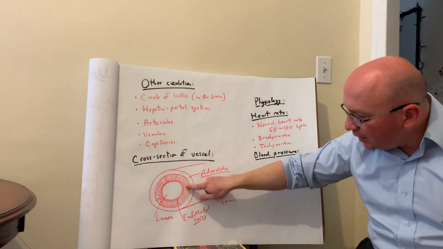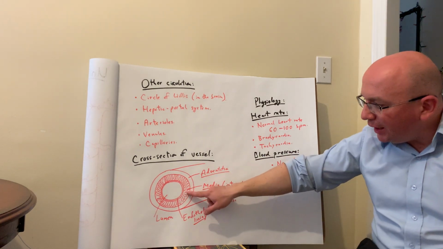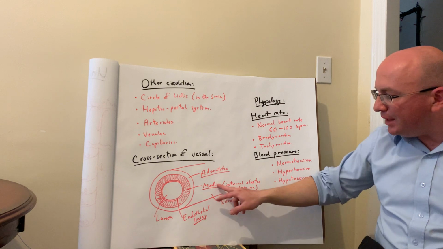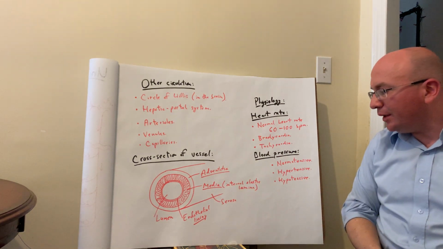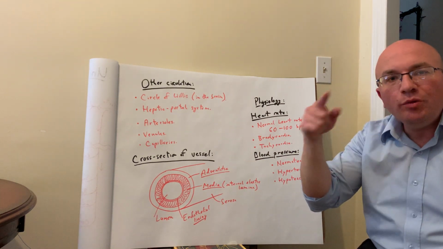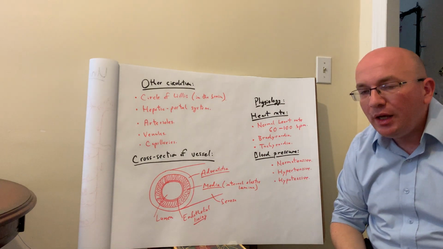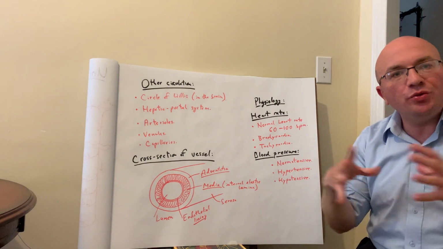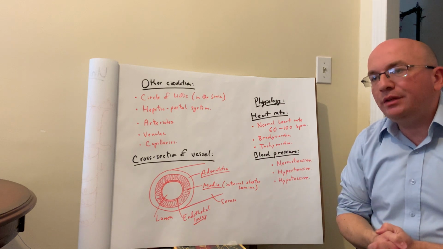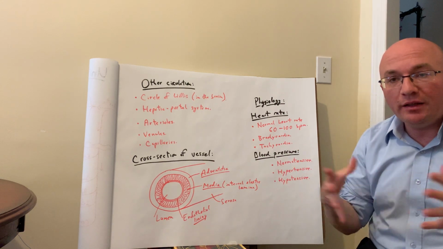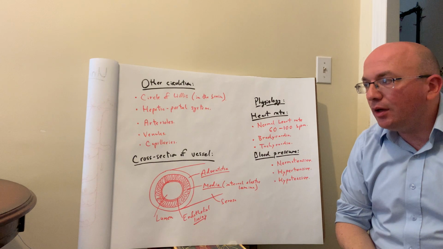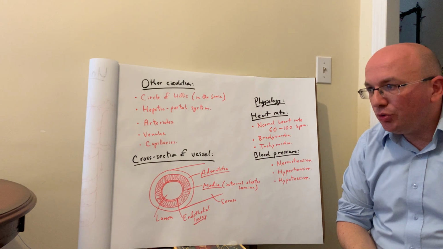The next layer, usually much larger, is either you can say the middle layer or the media. This one often is the one that contains the internal elastic lamina, which appears as a darkly stained, kind of wavy line under a microscope, consisting of elastic fibers, right, to make sure that the blood vessel has that flexibility when it dilates or constricts, and kind of providing that support to the vessel.